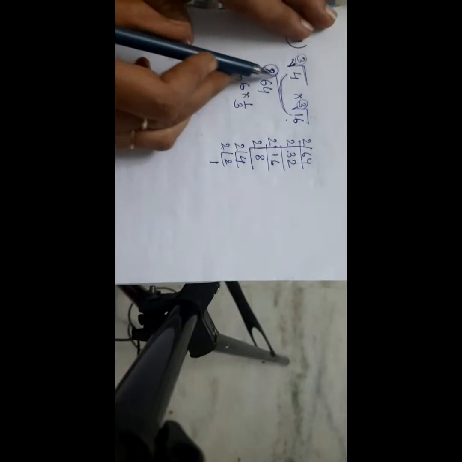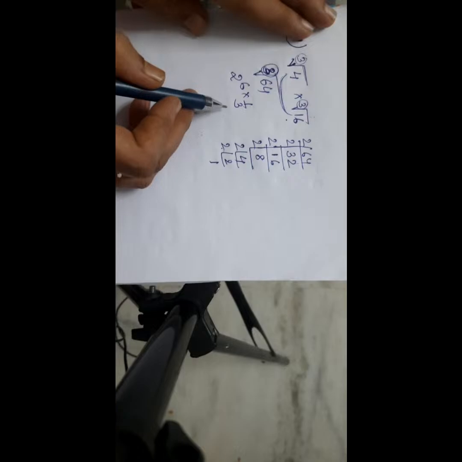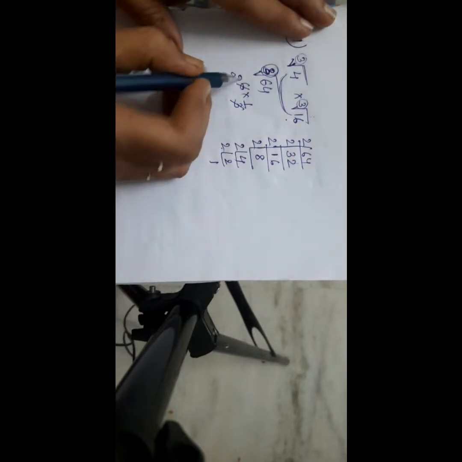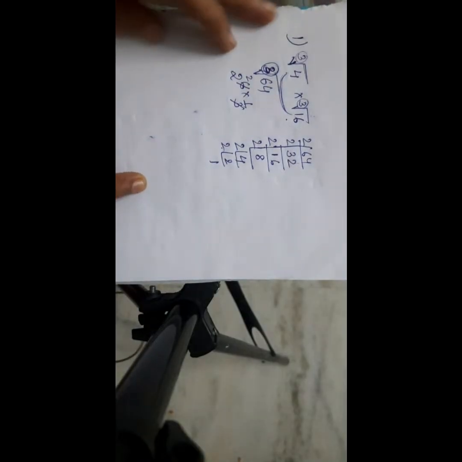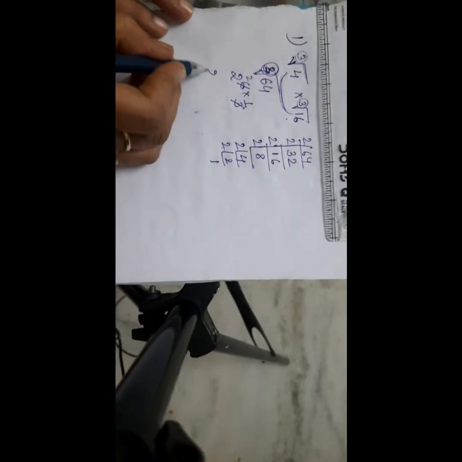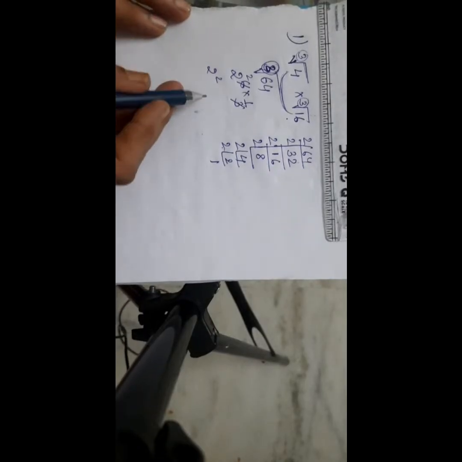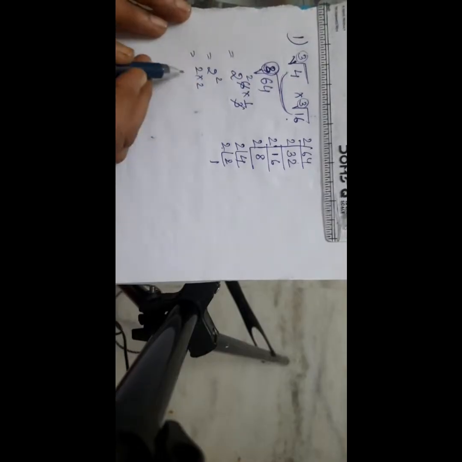Whatever number is in the root, that number is taken as a fraction. Now the numbers will get cancelled: 3 ones are 3, 3 twos are 6. Finally we have 2 squared. 2 squared is nothing but 2 multiplied 2 times. So the final answer is 4.